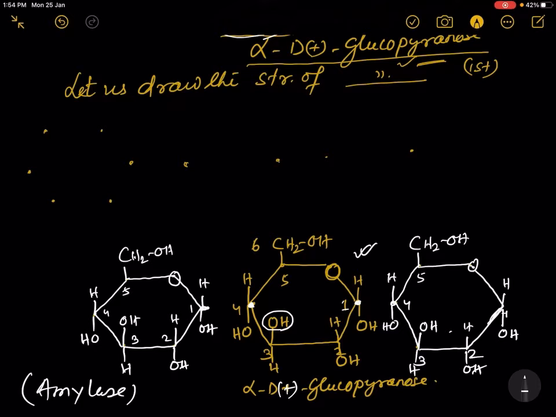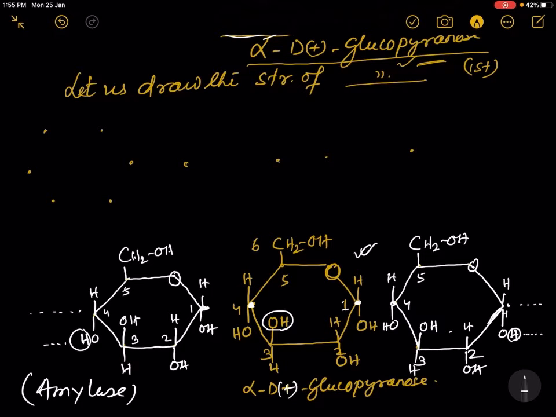This is the first carbon and the 4th carbon of second alpha D glucopyranose units, and this H will be removed and this H will be removed because this carbon is connected to next alpha D glucopyranose units by glycosidic linkage.